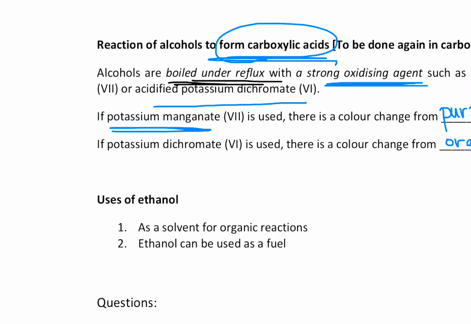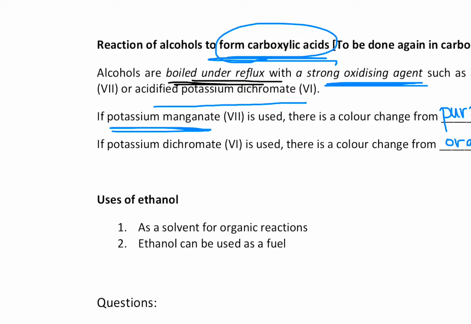Uses of ethanol. Ethanol is used as a solvent for organic reactions, and it's also used as a fuel. Ethanol can also be used as a solvent for perfumes, paints, varnishes.